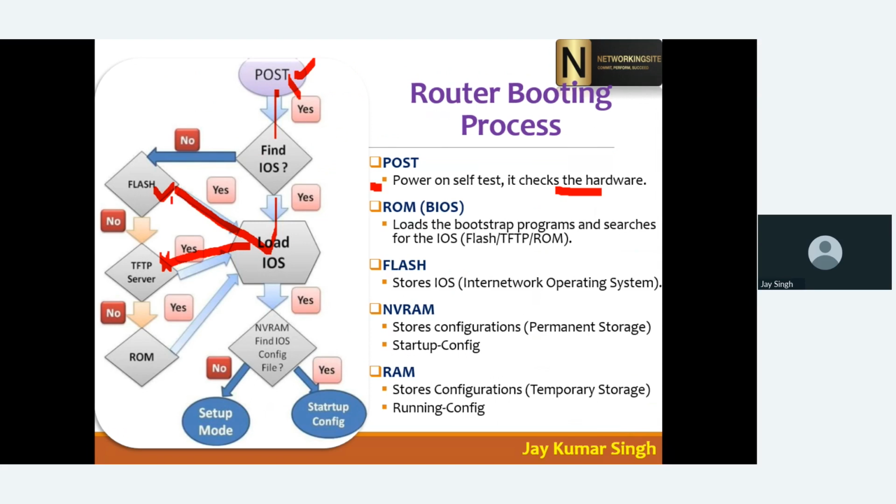So it will go for flash memory, where the information is stored, load your IOS from there, and then look for NVRAM, non-volatile RAM. In the NVRAM it will look for the configuration file, meaning where the configuration is saved.